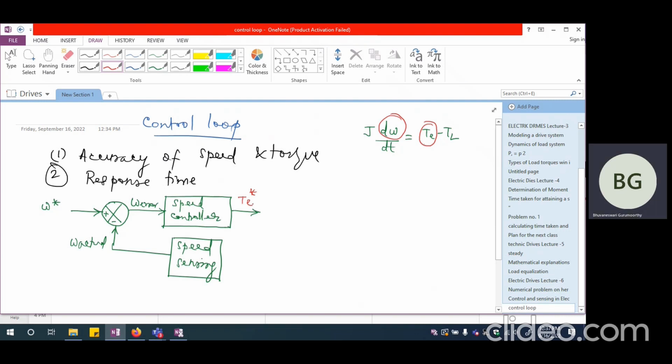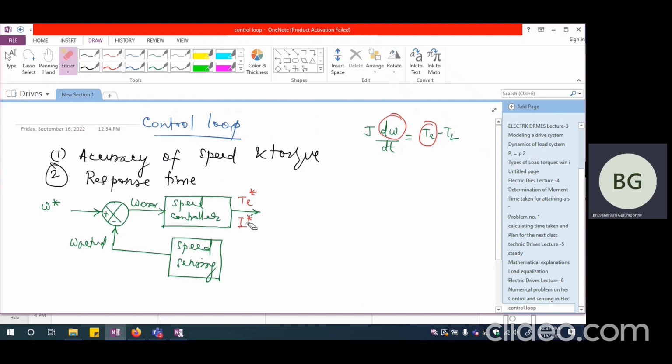Okay. So for developing the torque, I will have to probably push a particular amount of voltage or push a particular amount of current. So invariably, the torque is developed by pushing a particular value of current. So this has to be translated into a current value.